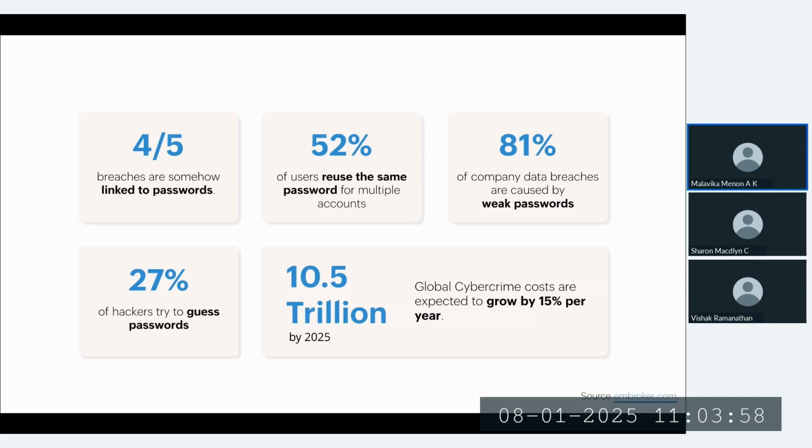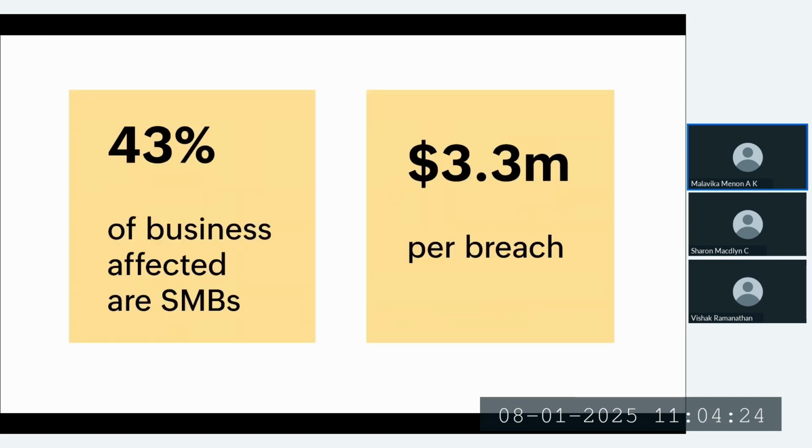You really need to have a strong security mechanism in place to protect your account from any sort of external threats. If you look at this stat, most of us might wonder, I don't really have to care about it because it's not affecting me personally. Or that it largely affects only enterprise businesses. Well, that's not really the case. 43% of the businesses affected by cybersecurity attacks are predominantly SMBs.